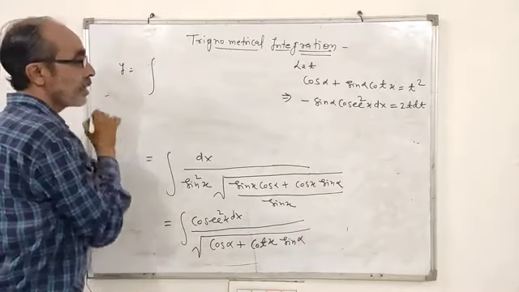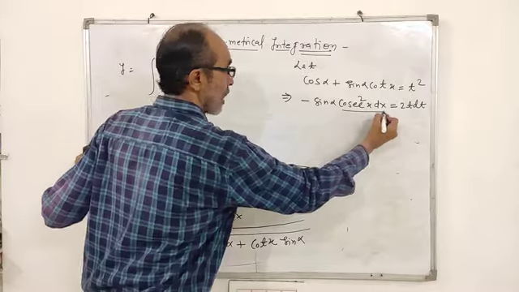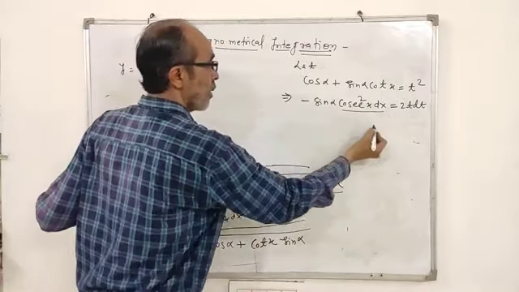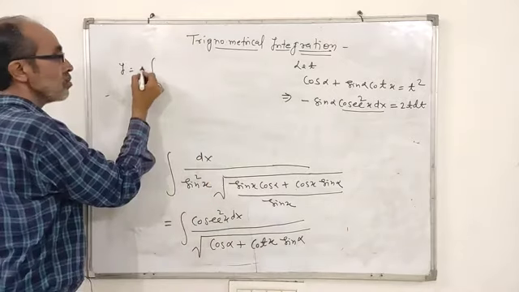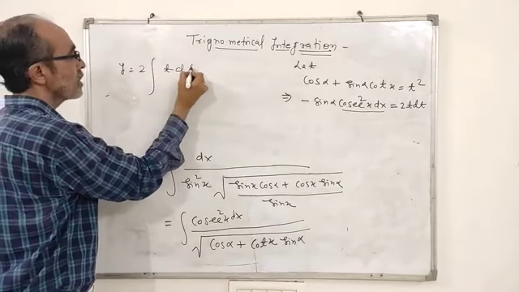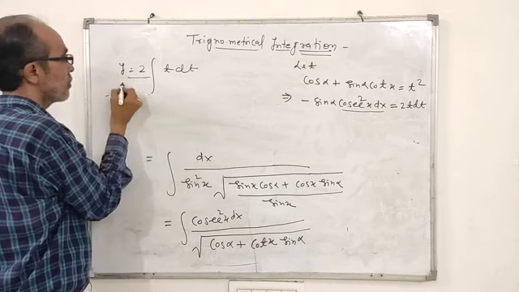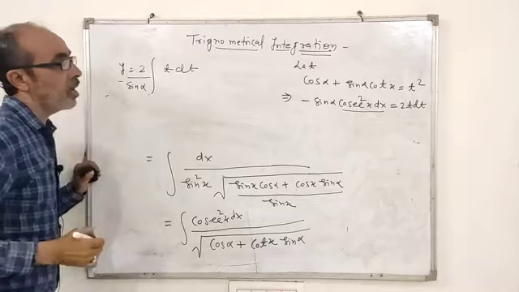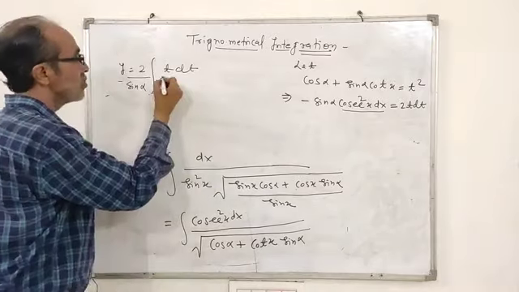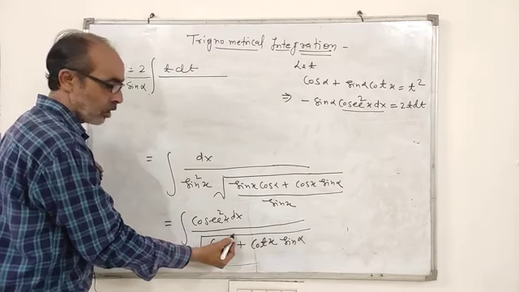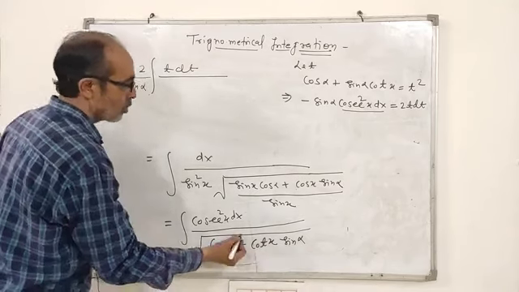So the integral is equal to the integral of cosec square x dx, which is 2t dt divided by negative sin alpha. This term is t square, and under the root, the root of t square is t.